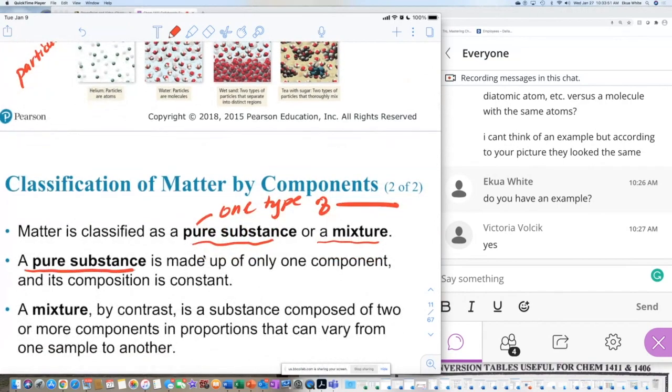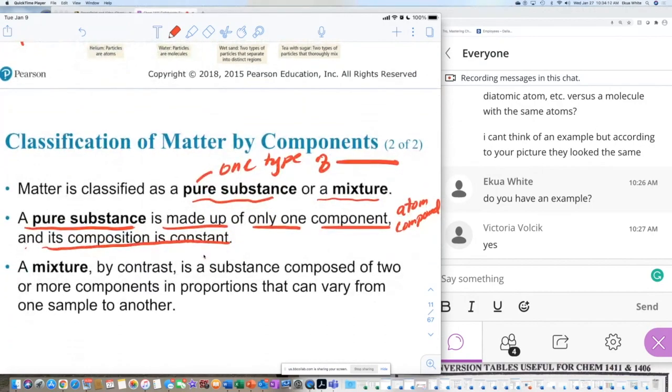A pure substance is made up of only one component, and the component can be an atom or a compound or whatever it is you're looking at, okay? And its composition is constant. It doesn't change. Anything that is not pure by default is a mixture, okay?